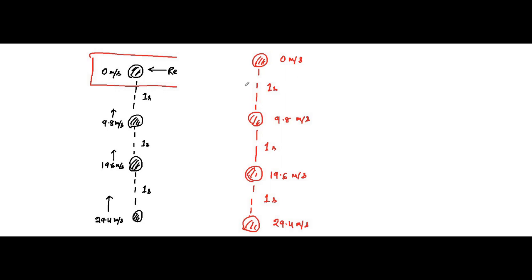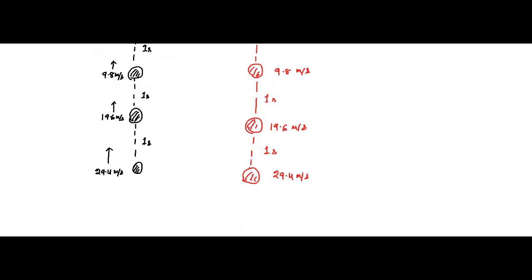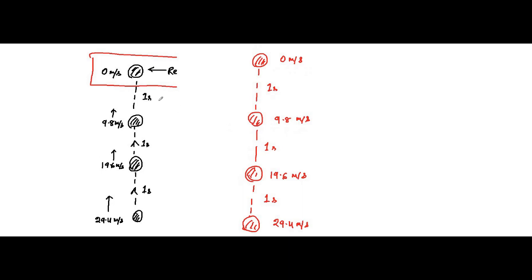Here, this is the upward, this is the downward. So the velocity at each respective time instance, at identical positions, is the same.